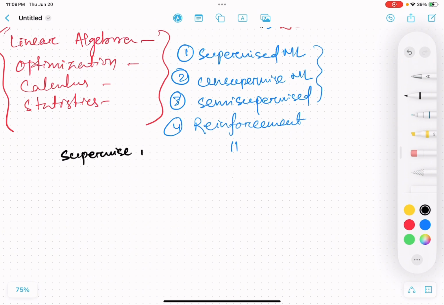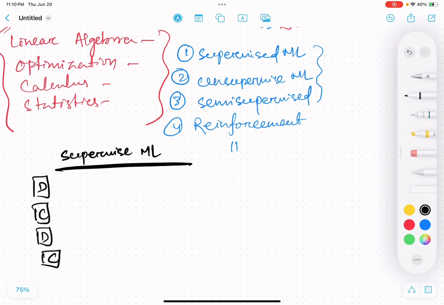So what is supervised? Supervised machine learning is a machine learning technique where the model is trained using labeled data. What does that mean? Let's say we have a picture of a dog, a picture of a cat, another picture of a dog, like that.